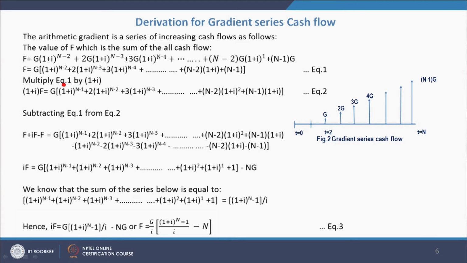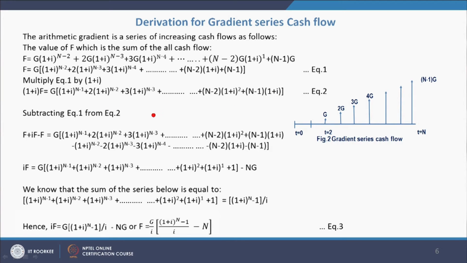Now, multiplying equation 1 by (1 plus i), we get (1 plus i)F equal to G, with the term n minus 2 becoming n minus 1 when we multiply with (1 plus i), and so on so forth up to (n minus 1) into (1 plus i).